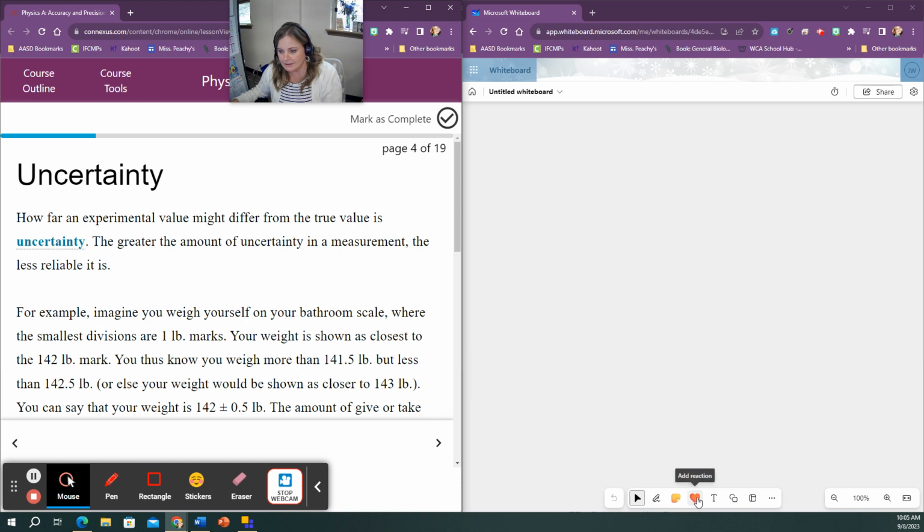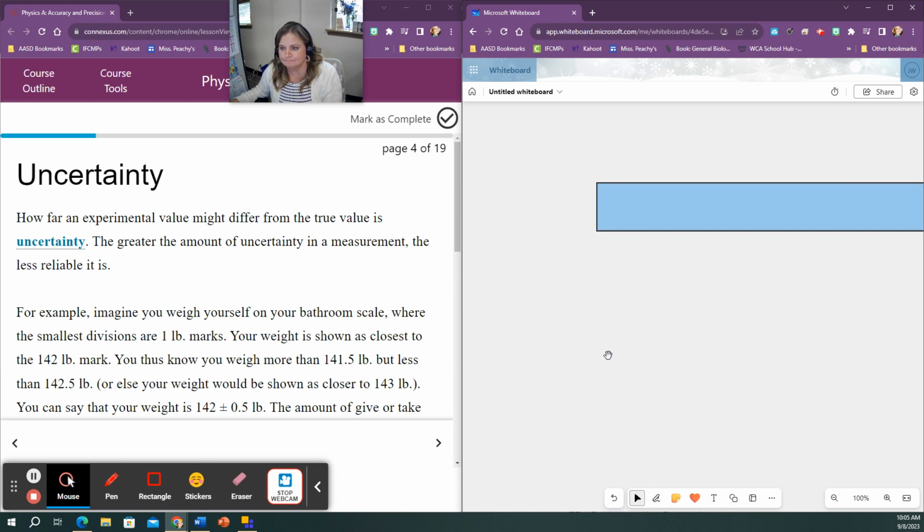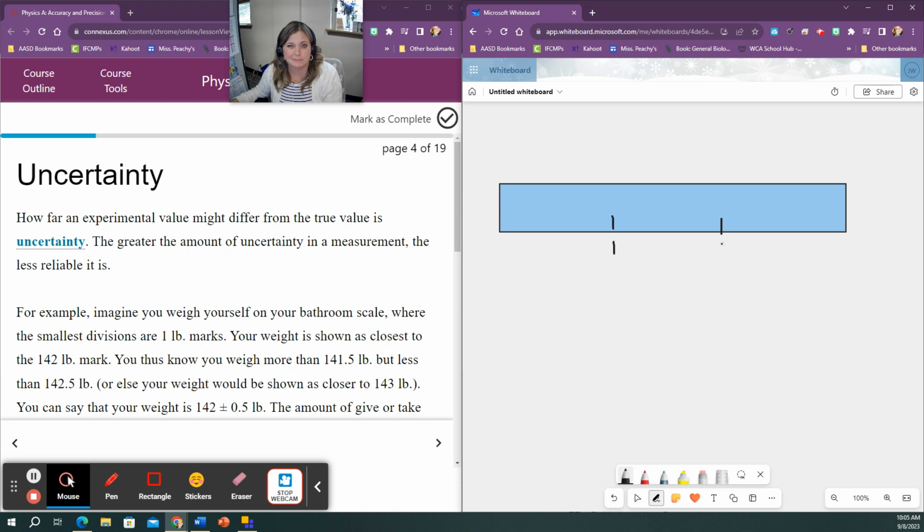I'm going to add a rectangle here, representing a ruler. Let's say I have 1 inch markings on the ruler, or let's do centimeters. Let's be scientific. 1, 2.